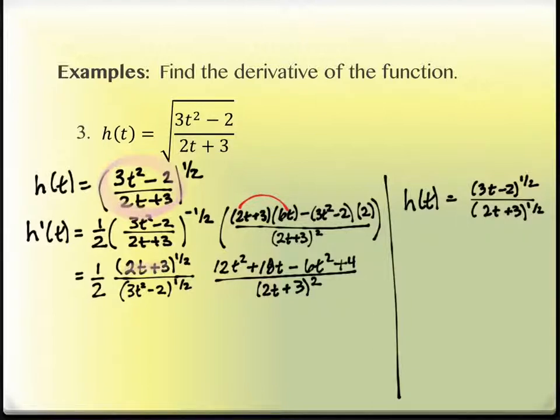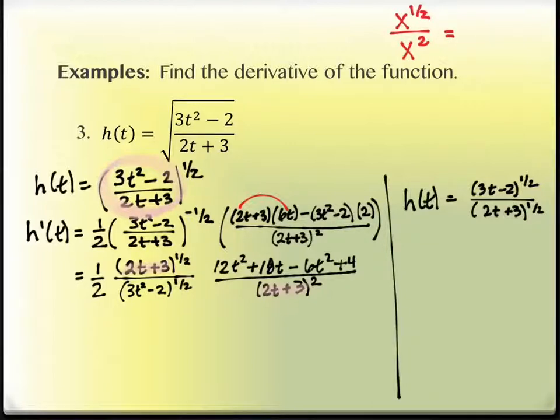Do you notice that these two are the same? The factor itself, they're both 2t plus 3, right? You've got a half of a factor on top, and you've got 2 of the factor on bottom. It's like having x to the 1/2 over x squared. Properties of exponents say you can subtract those exponents.